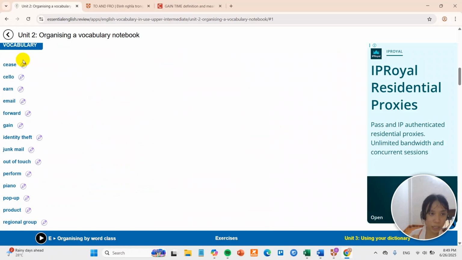Vocabulary we have here is cease, cello, and earned, award, earn money, earned a high salary. Email we have junk mail. We would usually forward or send an email. Gained, usually gain time, gained experience. Gain time means that you have extra time for doing something. For example, I would gain time by working faster.